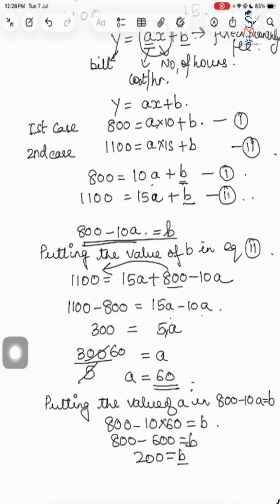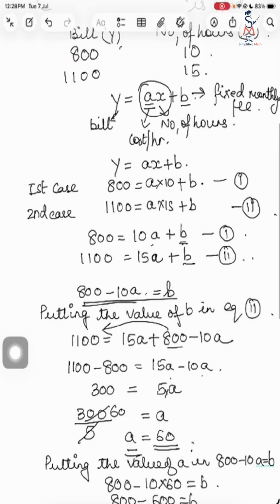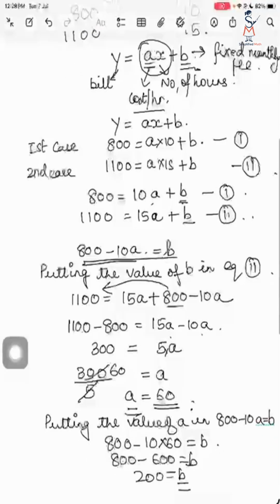Now what are B and A? B is your fixed monthly fee and A is the cost per hour of the badminton court, which they have not asked but they may ask.